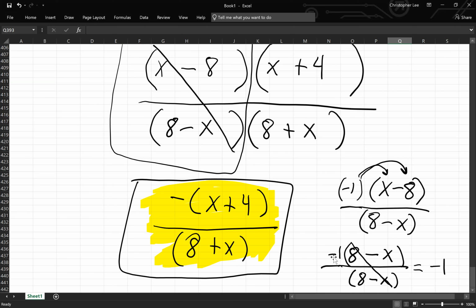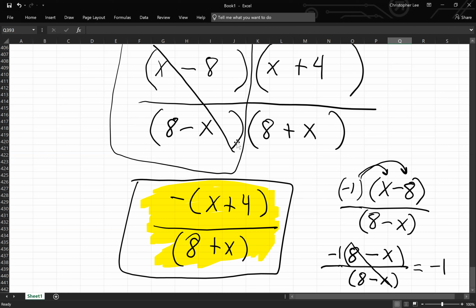It's the same question. Yeah, that's distributing, that's multiplying. But the rule that you could just remember rather than having to go through all of this is when you have opposites. So for example, x minus 8 over 8 minus x, opposites become -1. You can just remember that rule and then that's it.